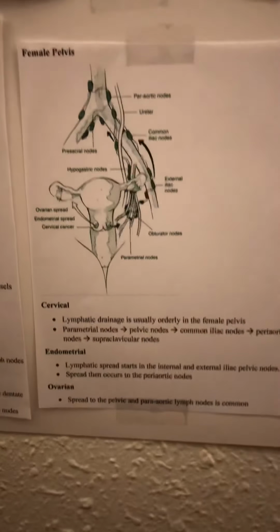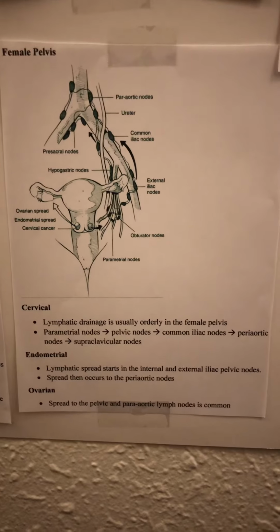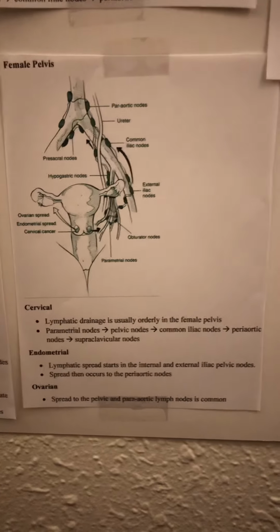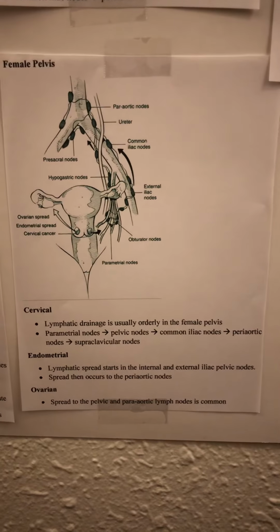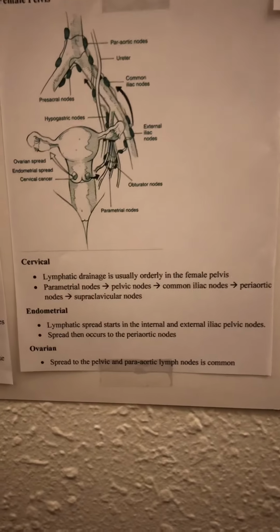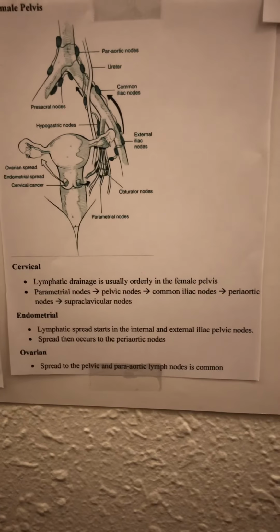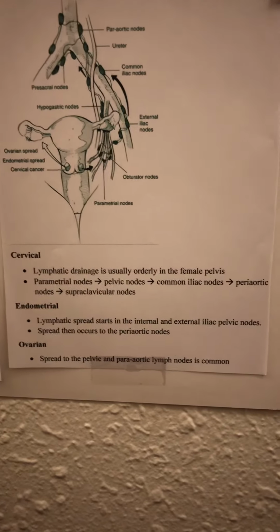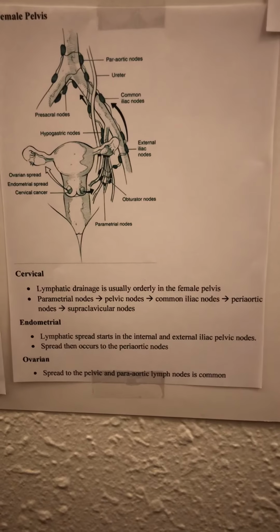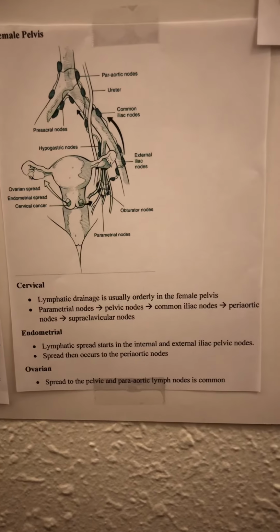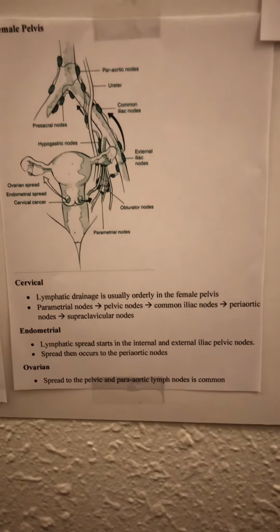And then lastly, we have the female pelvis. Again, I split it into 3 different cancers. We have cervical cancer, endometrial cancer, and ovarian. For cervical, and generally in the pelvis for the female, the order for lymphatic drainage is, again, very orderly. And so it starts in the parametrial nodes, goes to the pelvic nodes, the common iliac nodes, periaortic nodes, and then the supraclavicular nodes.